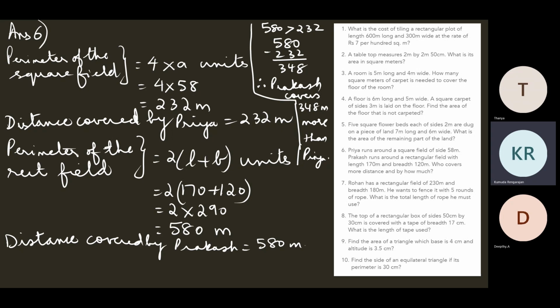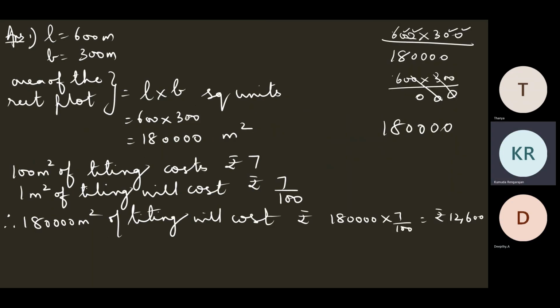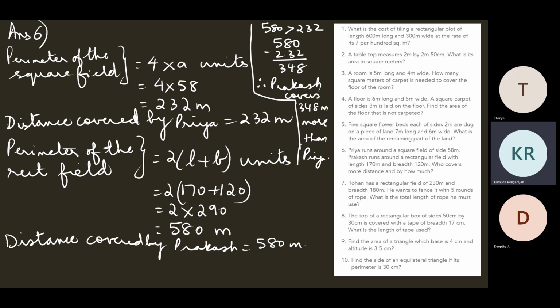First write perimeter is equal to something. Then write length of the rope needed is equal to perimeter into 5.